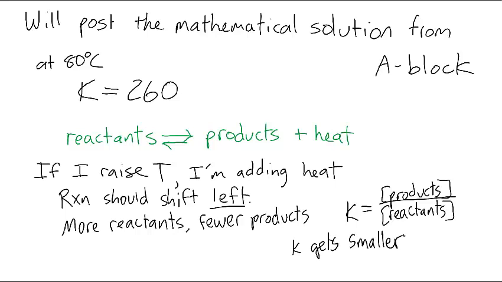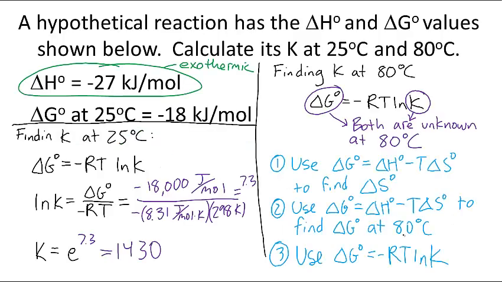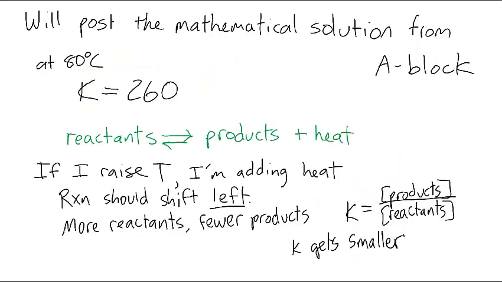All right. Let's confirm. Do our calculations match our conceptual understanding? K had been 1430. It's now at a higher temperature. It's 260. K went down. So, check.